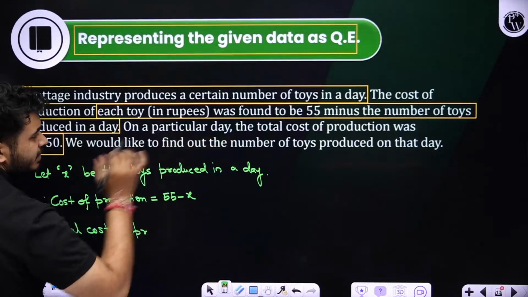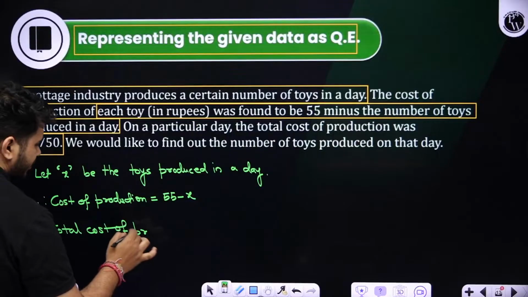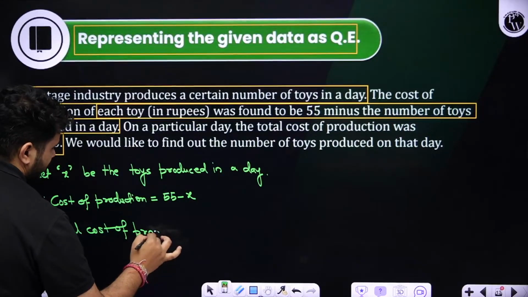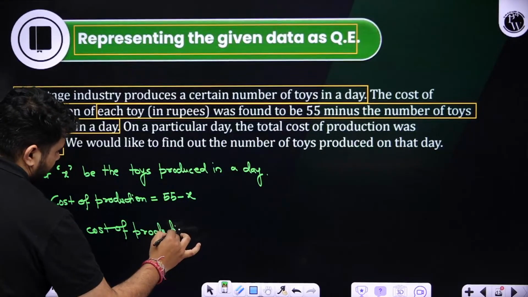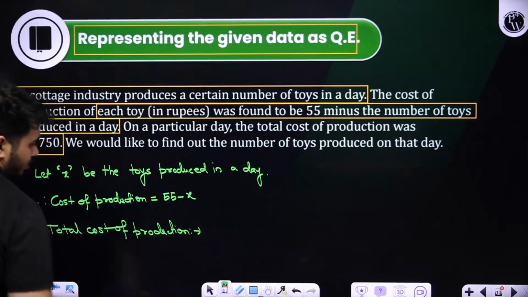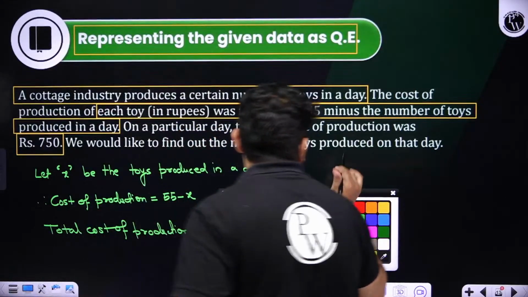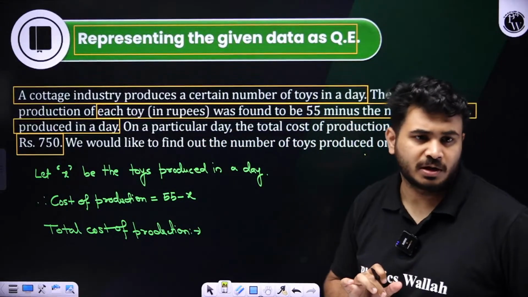we would like to find the number of toys produced on that day. Correct? So total cost of production will be nothing but what, students? Total cost of production will be, yes, see, cost of production of each toy, 55 minus x, they have given. Yes or no?